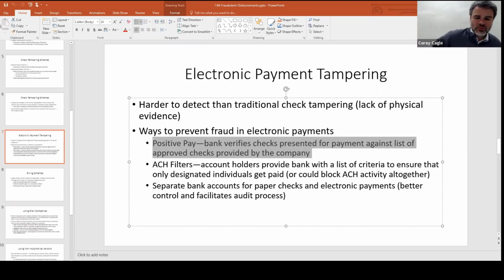And then more broadly, there's little filters you can put on there, or you can even block ACH transactions altogether. Also, they recommend that if you do have automated activity, you have a separate account for it versus the ones you write paper checks for, because it keeps things in better control and the audit process is a little easier that way.